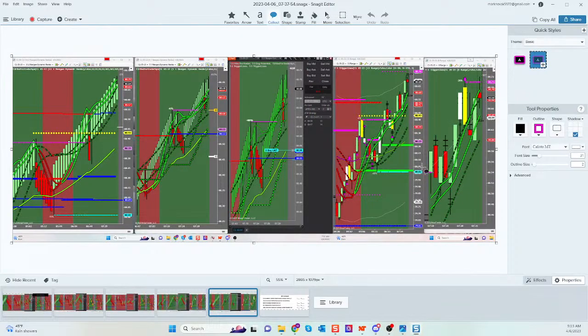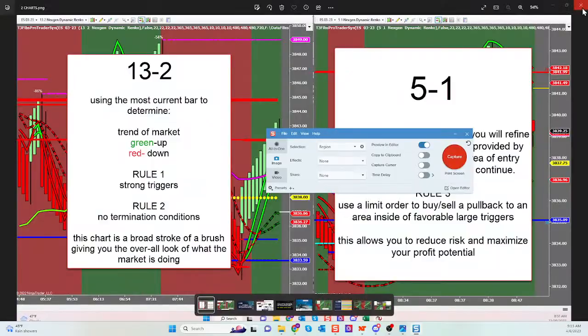When you look at my charts, I like a 13.2 and a 5.1, and then this 5.1 is also for my Apex account. And then I've got some range charts that I use for a little help, a little more advanced, but I've also been doing this a little longer.